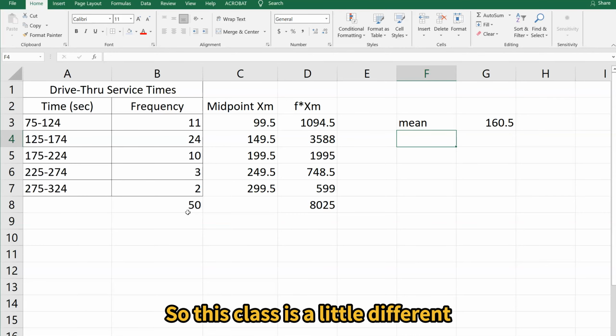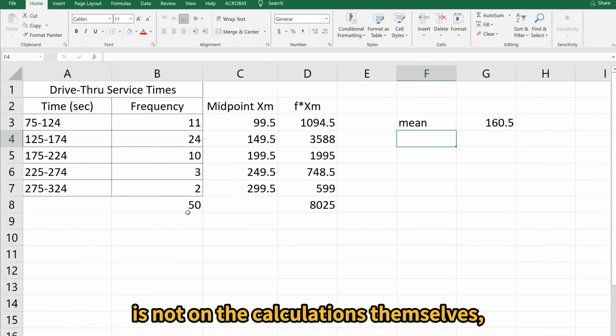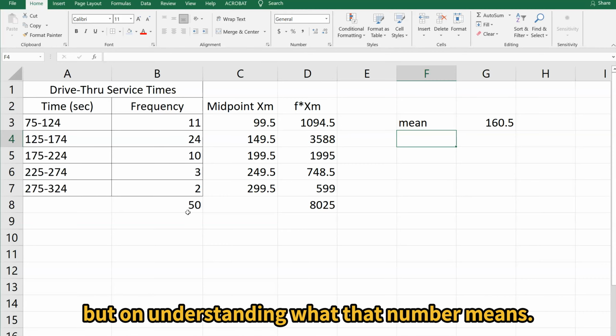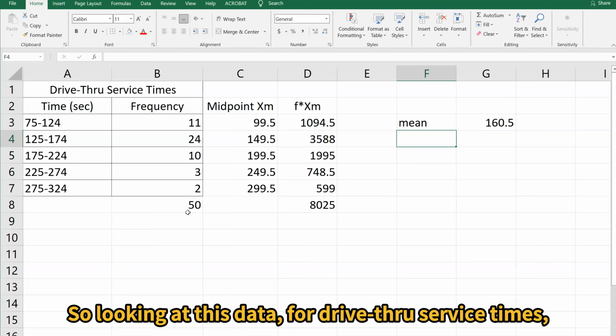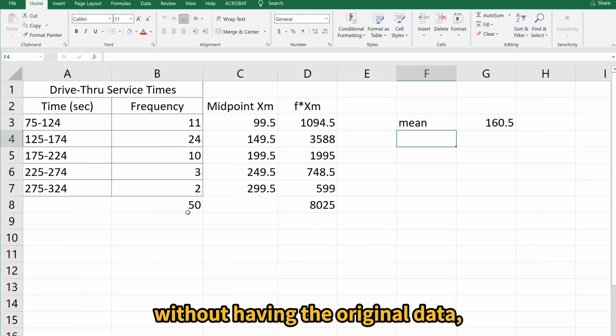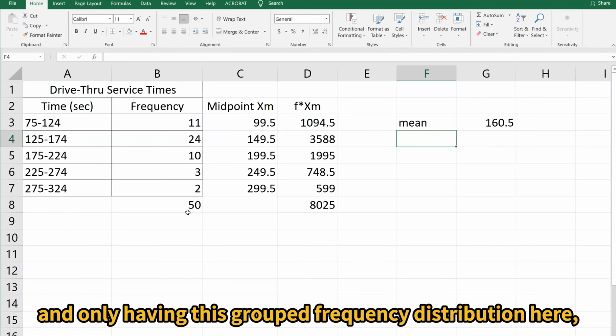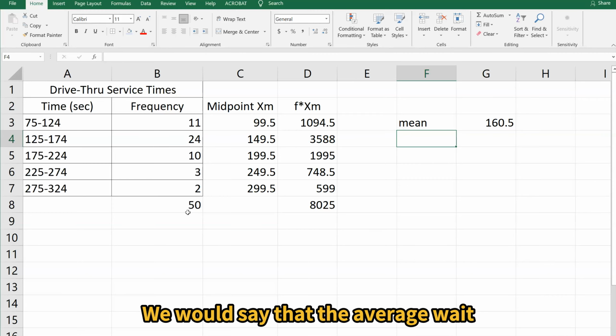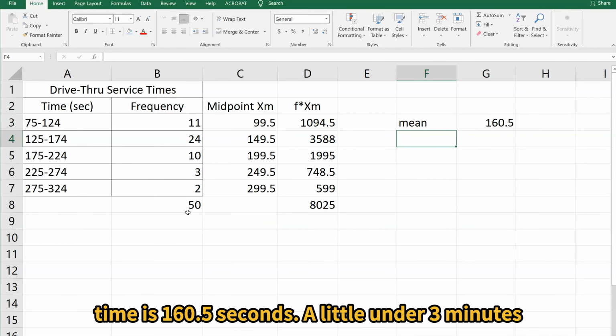So this class is a little different from traditional math classes in that the emphasis is not on the calculations themselves, but on understanding what that number means. So looking at this data for drive-through service times without having the original data and only having this grouped frequency distribution here, we would say that the average wait time is 160.5 seconds, a little under 3 minutes.